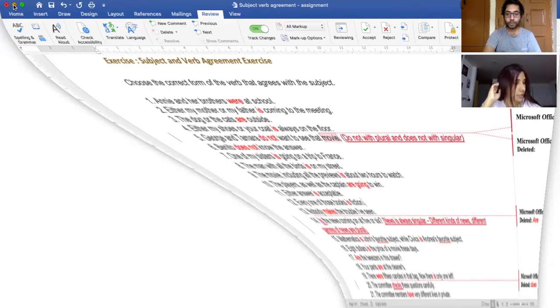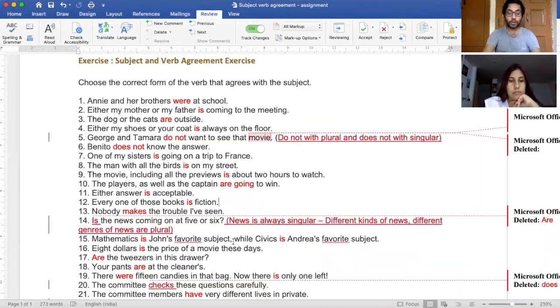I don't know why. I just get confused on that. Okay, so the right ones we already know, we would check the wrong ones. The right one you know, right? The wrong ones we are going to check.